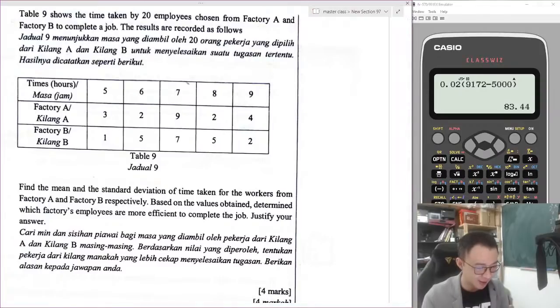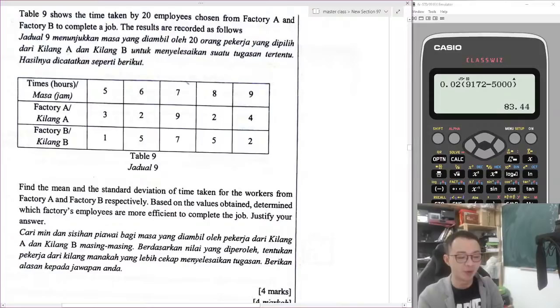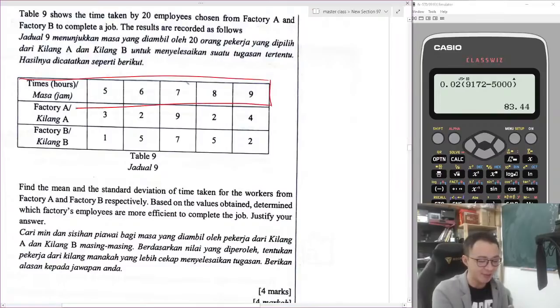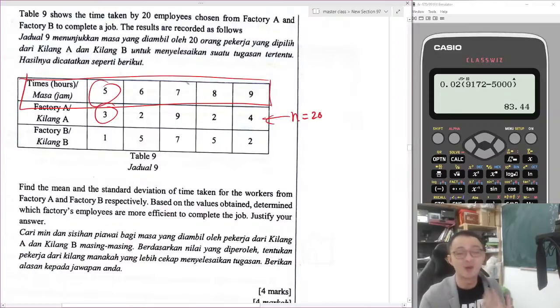Another question. Table 9 shows the time taken for 20 employees from factory A and factory B to complete a job. So basically this is the number of employees, n equals 20. For example, 3 employees take 5 hours to complete the job, and 4 employees take 9 hours, and so on.